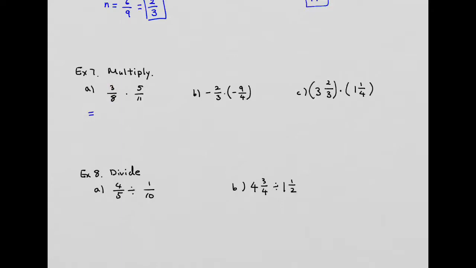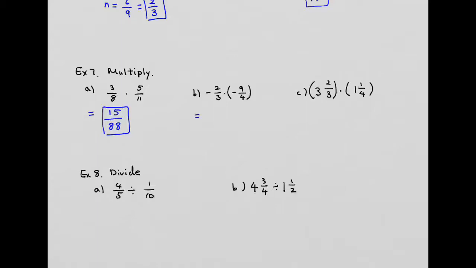Of course, 3 and 8, no commons. 5 and 11, no commons. So if you cannot find the commons, then you multiply numerator by numerator. So it'll be 3 times 5. And denominator by denominator, 88. So reduce before you multiply.